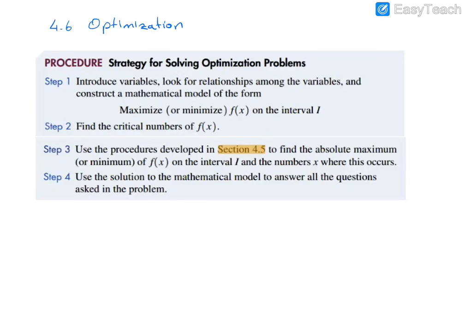The last section of chapter 4 is optimization. Optimization theory is actually much more than I will explain in this video.